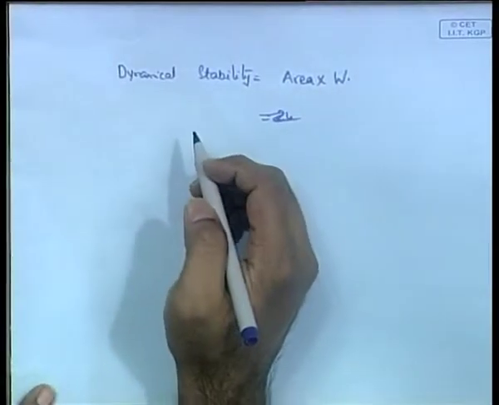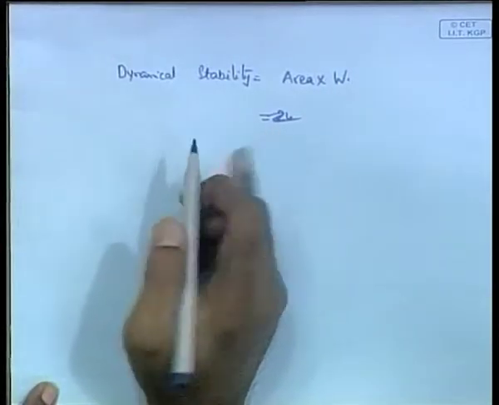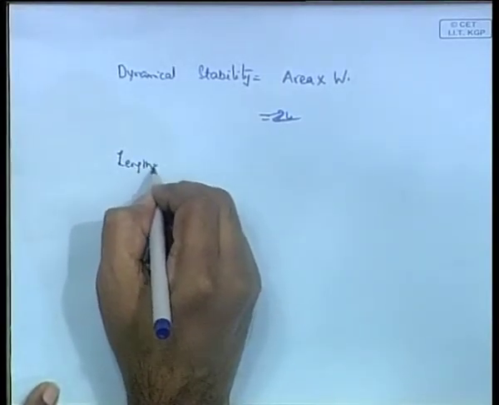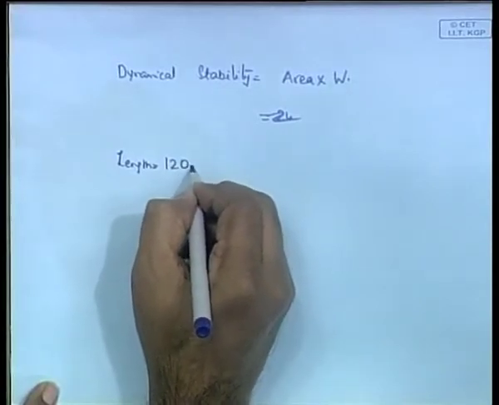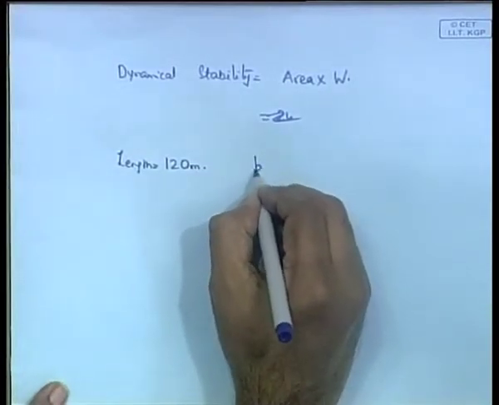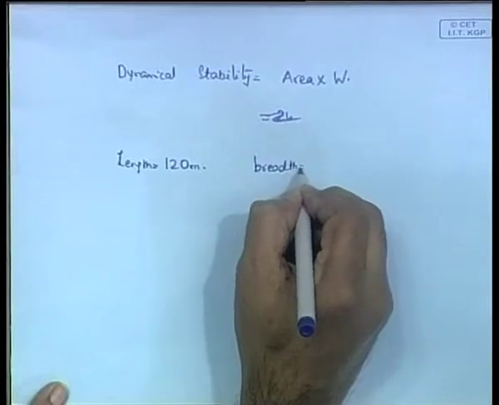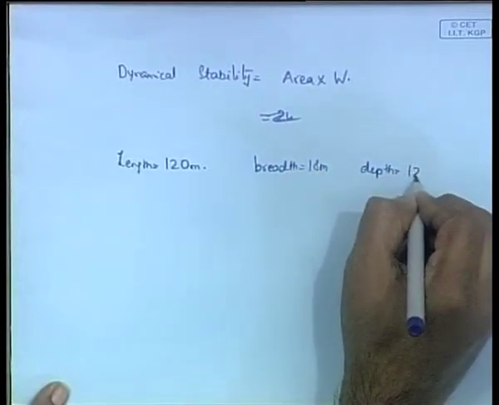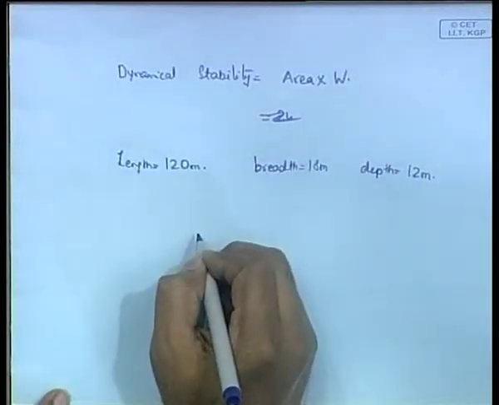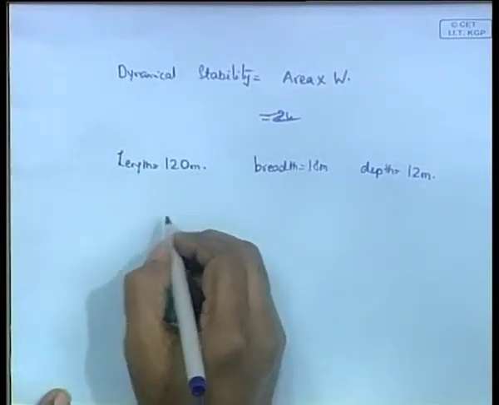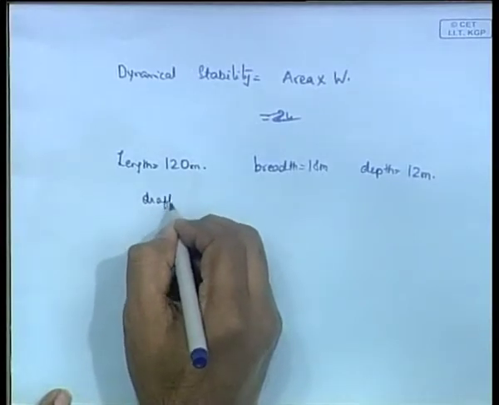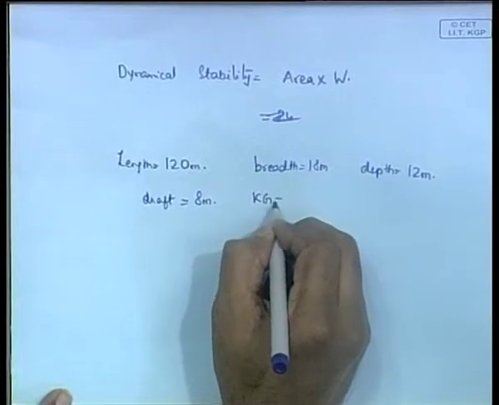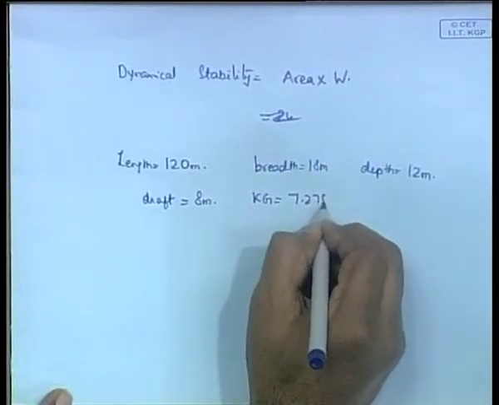The next problem says there is a box shaped vessel, again a box shaped vessel. It has a length of 120 meter, a breadth of 18 meter, a depth of 12 meter, and it is floating at a draft of 8 meter in fresh water, and it has a KG of 7.278 meter.